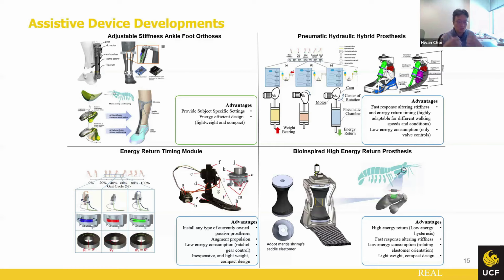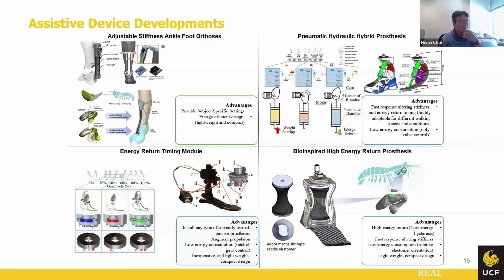We were very amazed by this, and decided to implement this saddle spring onto the ankle orthosis. But in order to change the stiffness, we figured out that by changing the curvature, we can change the stiffness. So we are using a design optimization algorithm to figure out the optimal curvatures to maximize the range of stiffness and also to maximize the energy return.